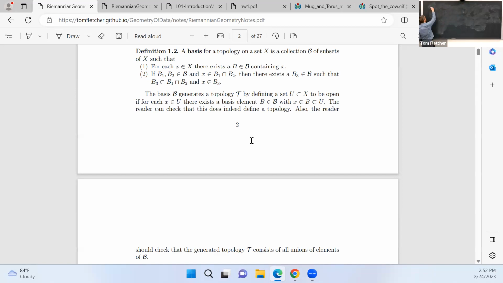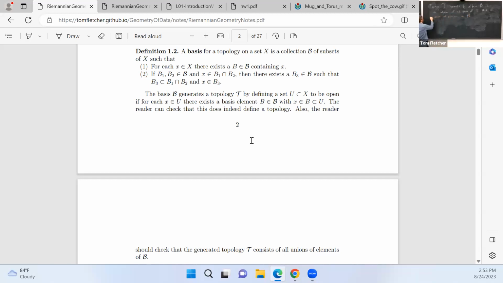The topology T generated by a basis B is the collection of all subsets of X that are unions of elements in B.